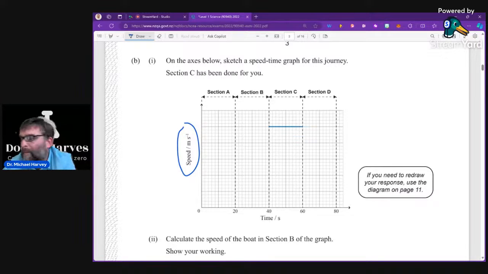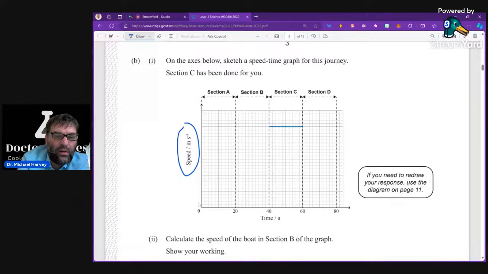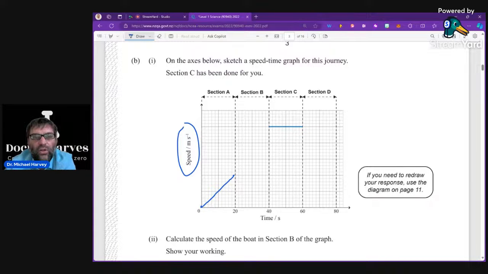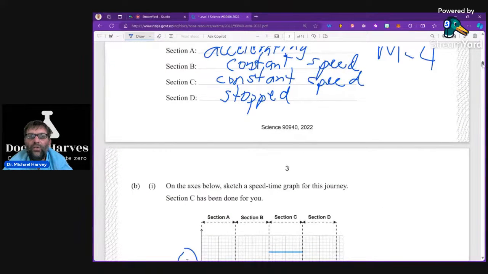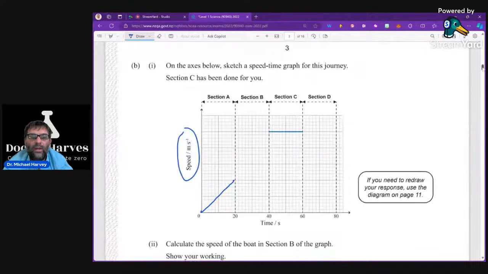You can see it goes up from 0 to 20 there. That calculation comes from 100 divided by 20, so that's your 20. In 20 seconds, it goes up at constant acceleration.